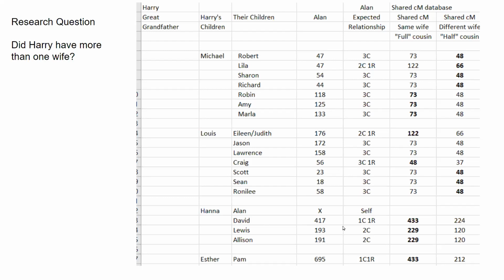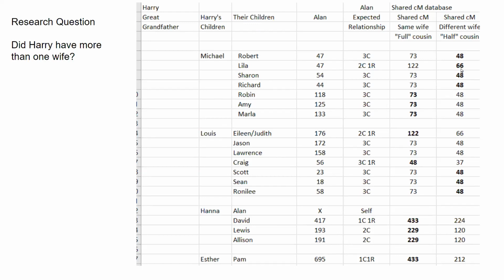And these people, this is their actual relationship in the genealogy chart. And this is the actual theoretical Centimorgans for a full cousin, and this is for a half cousin. Where it's relevant is we're looking at the question about whether Michael or Lewis's children might be half cousins instead of full cousins. That's how you'd know that Harry had more than one wife.